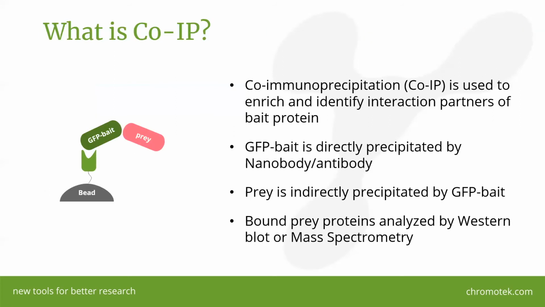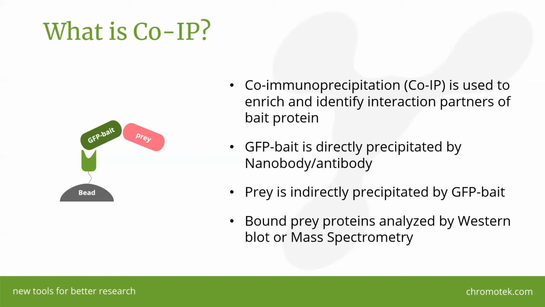So what is co-immunoprecipitation? It's essentially an IP of a GFP-bait, and together with the GFP-bait, you immunoprecipitate a second protein, the prey protein. So this is used if you would like to identify interaction partners of your GFP-bait.